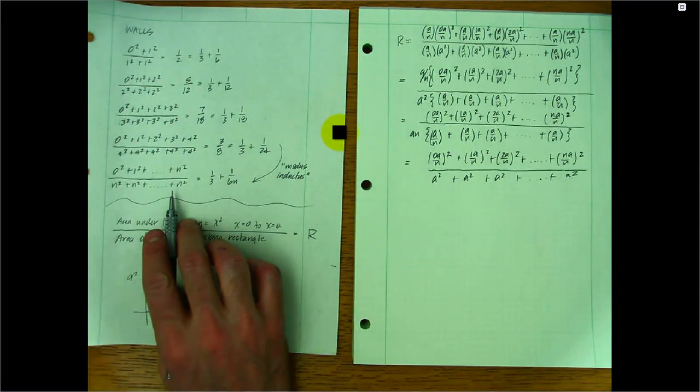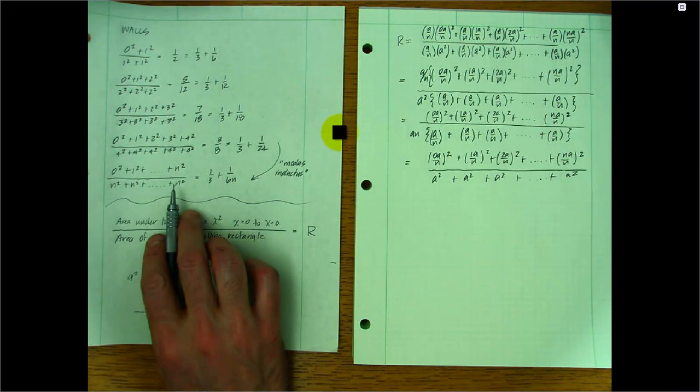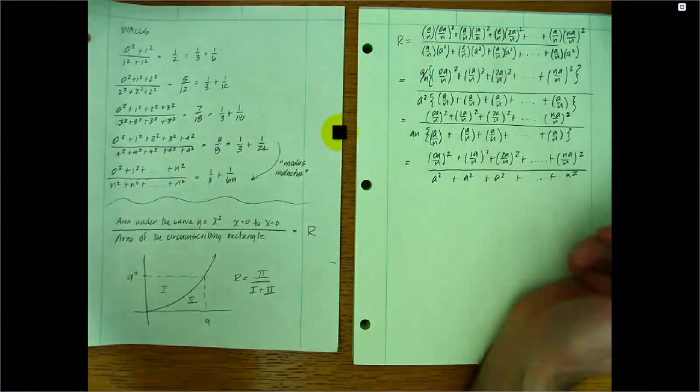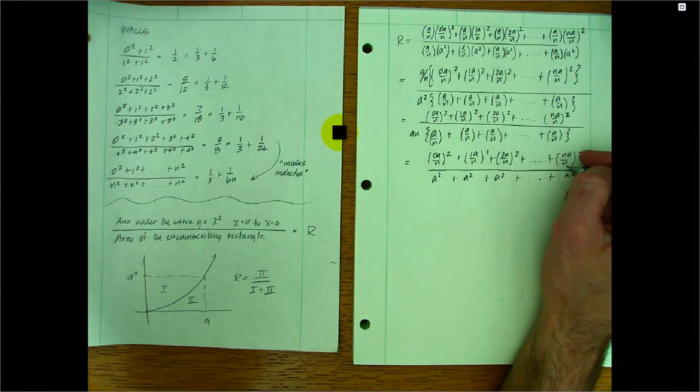What we really need to work on now is what's in the numerator. So I'll go ahead and square out everything in the numerator. I can see that everything in the denominator has an n squared.